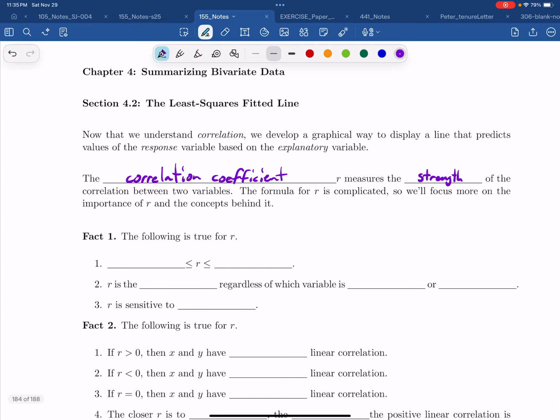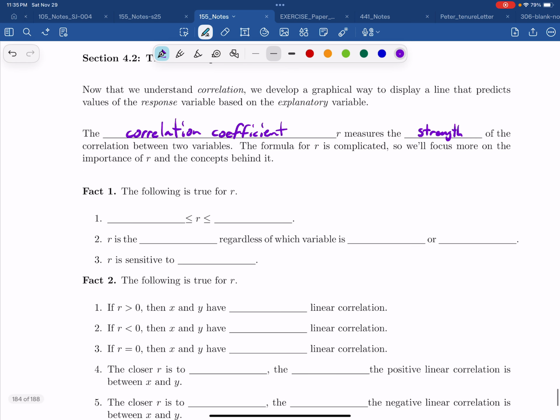You can look up the formula for R in the book. It's very complicated. We definitely would not require that you know it. So let's focus on what R really means.